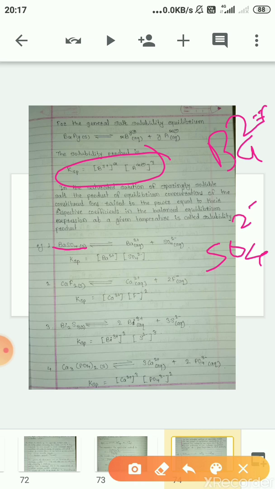So the equilibrium for the saturated solution is BaSO4 in solid gives Ba2+ and SO4 2- in aqueous solution. Now write down the equation for Ksp. Ksp, the solubility product, is equal to concentration of barium 2+ into concentration of SO4 2-.